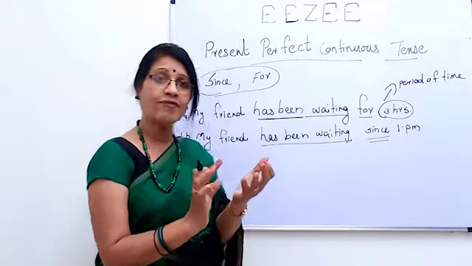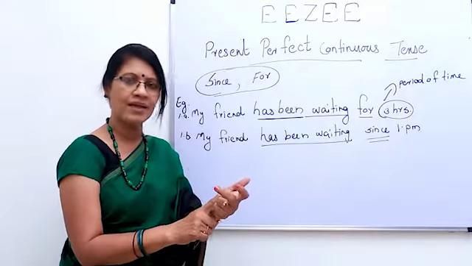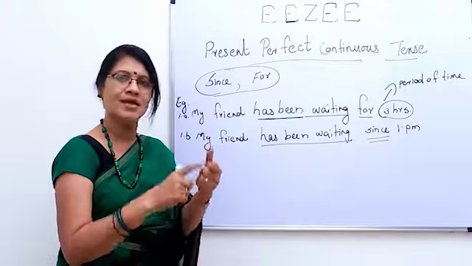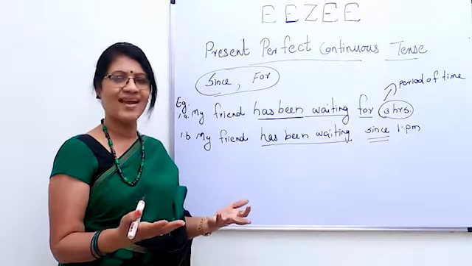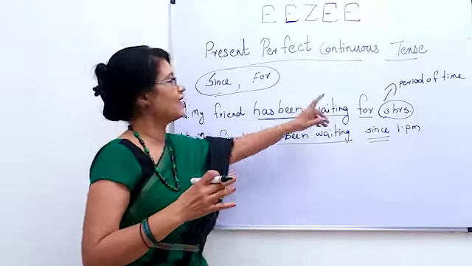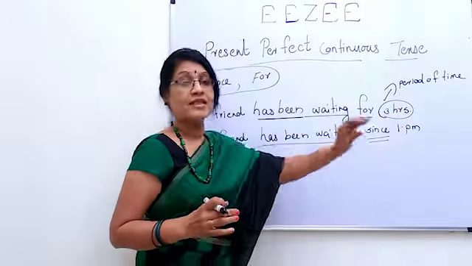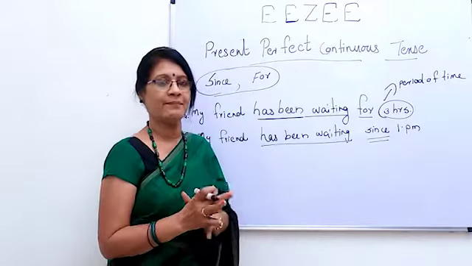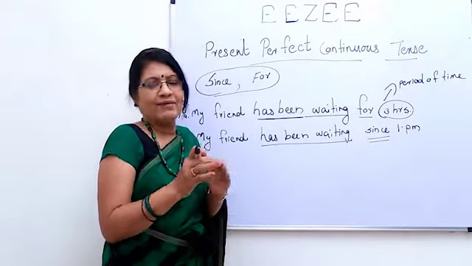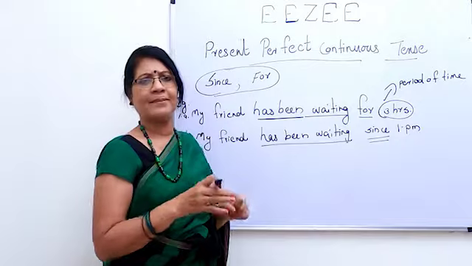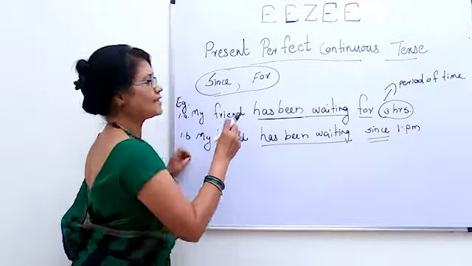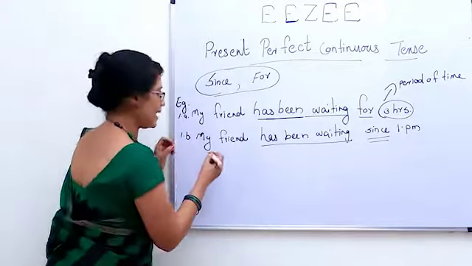Period of time means 3 hours, 3 minutes, 3 weeks, 3 months, 2 months, 3 years. All those things we can say that it's a period of time. But here, since morning, since 1 p.m., that way we are telling the exact time. So that is the difference between since and for.